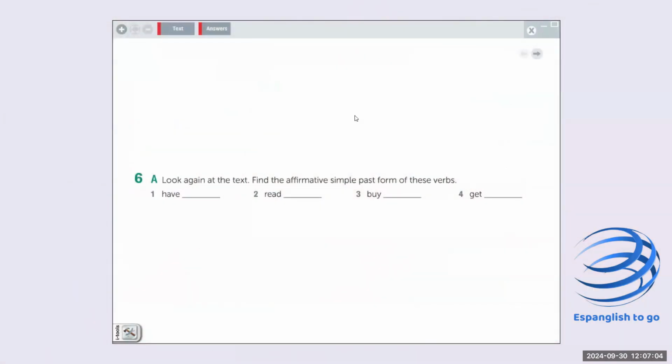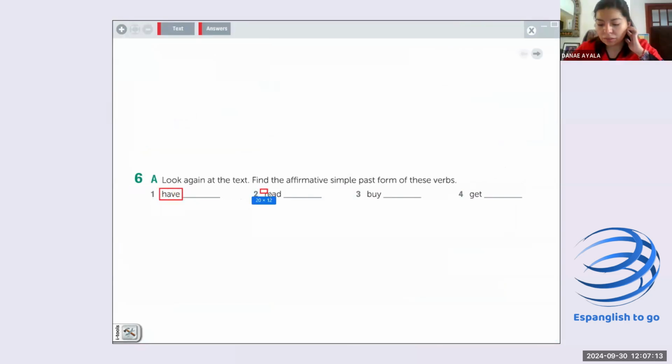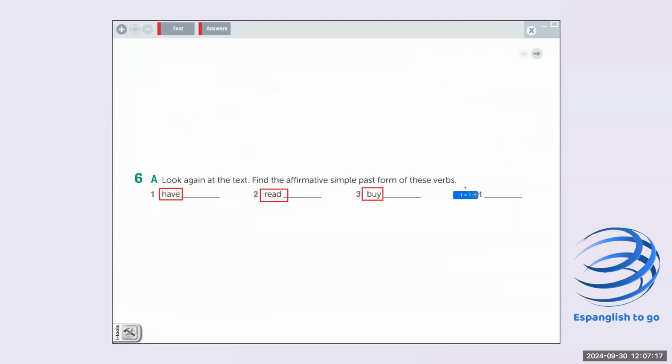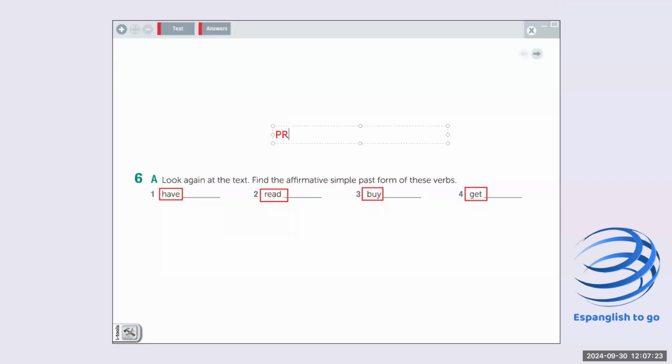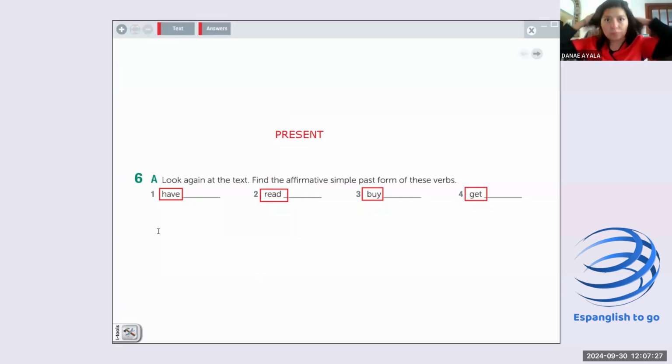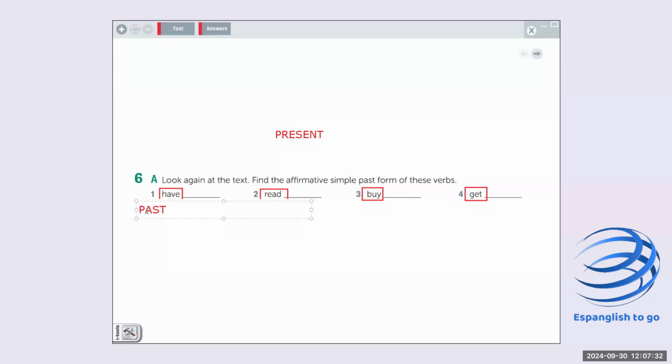So pay attention. In exercise 6, we have these verbs: to have, to read, buy, and get. These verbs are in present, and in this exercise, we have to find the past form of these verbs.